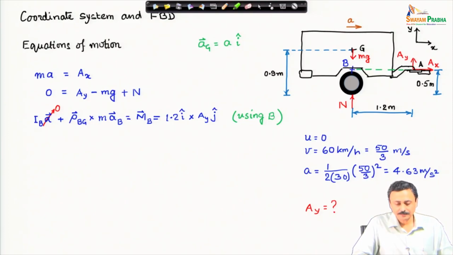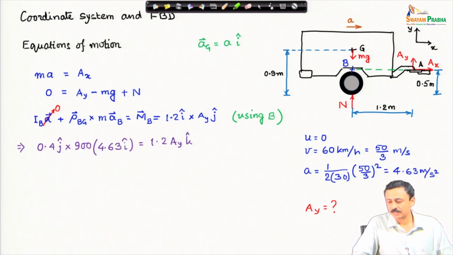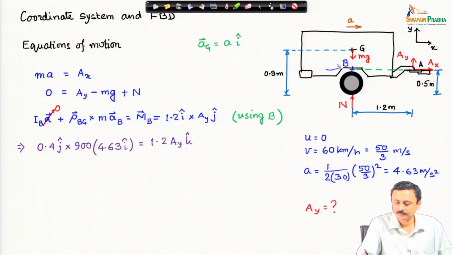Now, if I do that, rho_BG is straightforward to find because all the dimensions are specified. It is this distance, it is 0.9 minus 0.5.